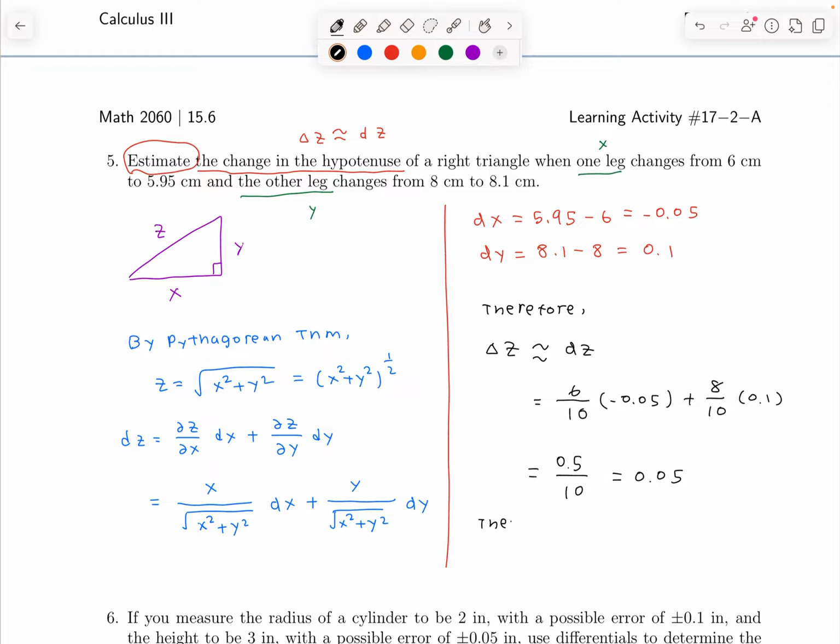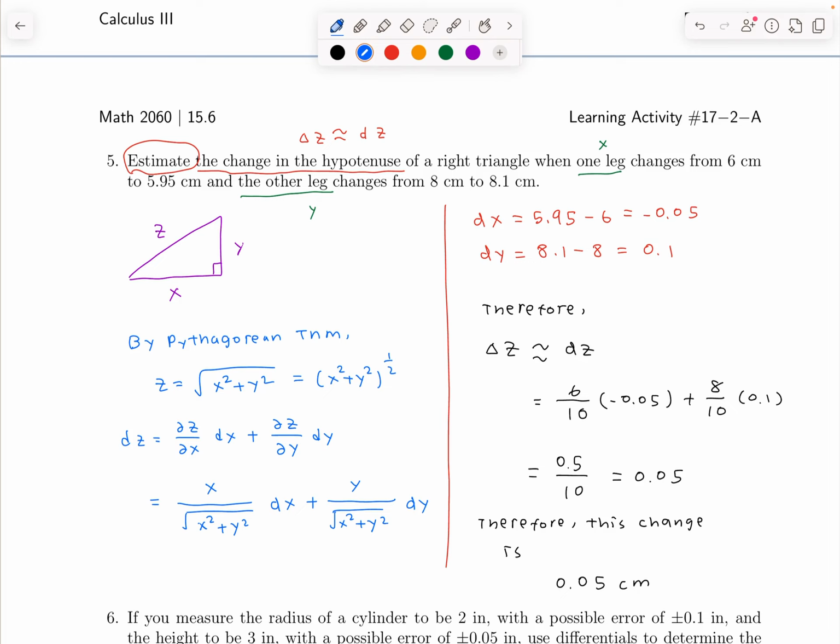Therefore, this change is 0.05 centimeters. Now, notice that if you write down the conclusion like this, this is not correct because we don't know the real change. We just know the approximation.